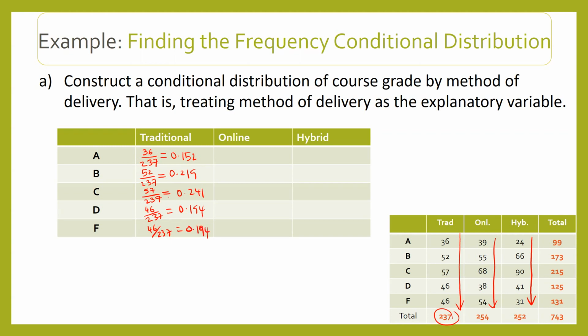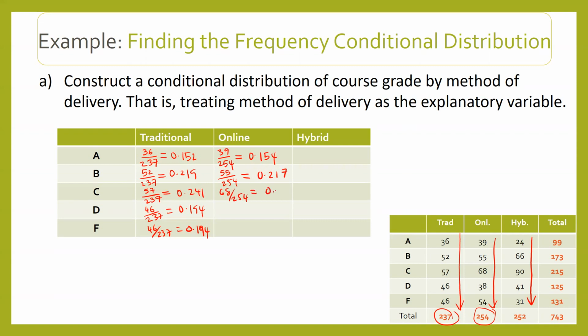Once I'm done with the traditional one, I go to the online and then use the total sum across the column there too. So that would be 39 over 254, which in this case will be 0.154. And the next one will be 55 over 254. That is 0.217. 68 over 254.